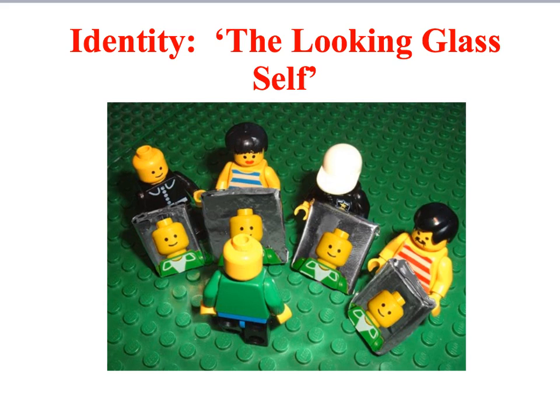So who am I? Well, the interactionist answer to that question would be I am what I think you think I am. And interactionist ideas about the construction of self-identity have been developed into a really influential approach known as labelling theory. And as I mentioned earlier, in order to make sense of the social world, we put people and events into social categories.